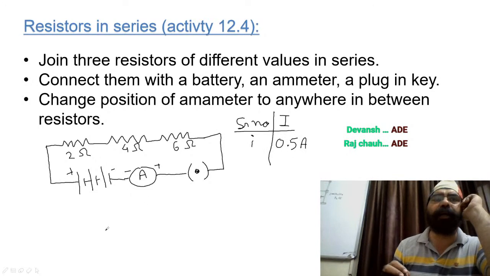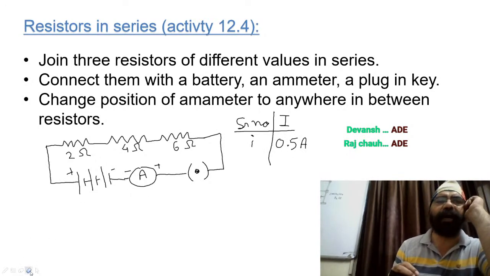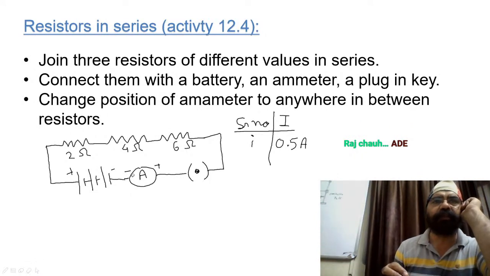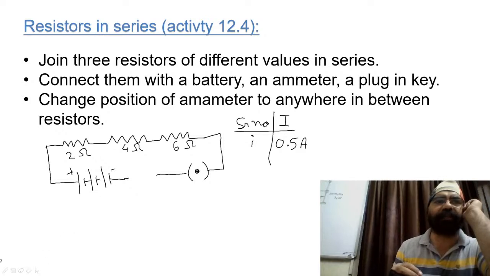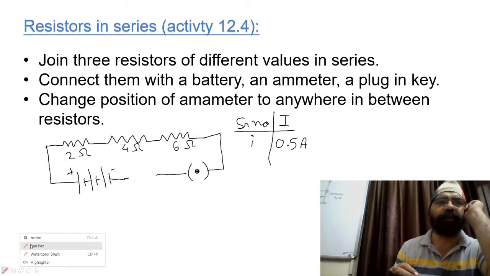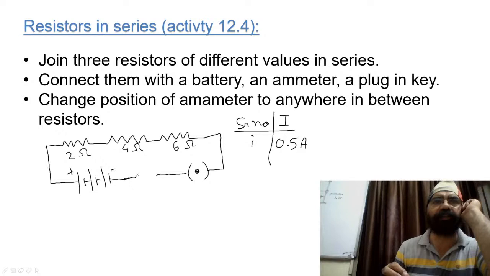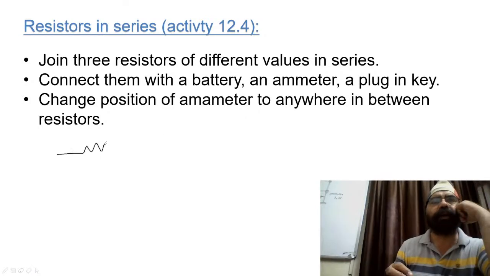What do I do next? Next, I change the position. I remove this ammeter from here and place it somewhere else. I join this wire, and now I place my ammeter after the first resistance.